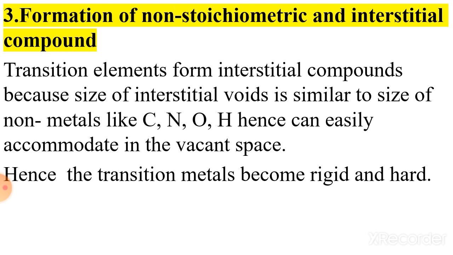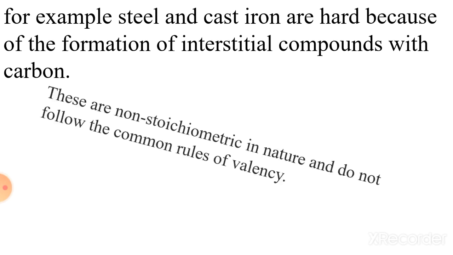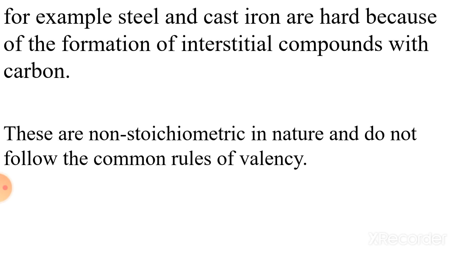Hence these transition elements become rigid and hard. For example, steel and cast iron are hard because of the formation of interstitial compounds with carbon.